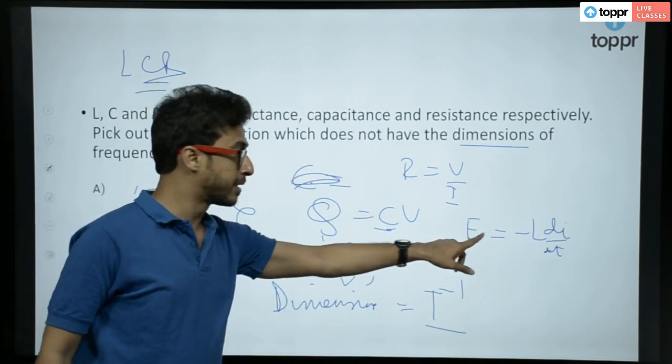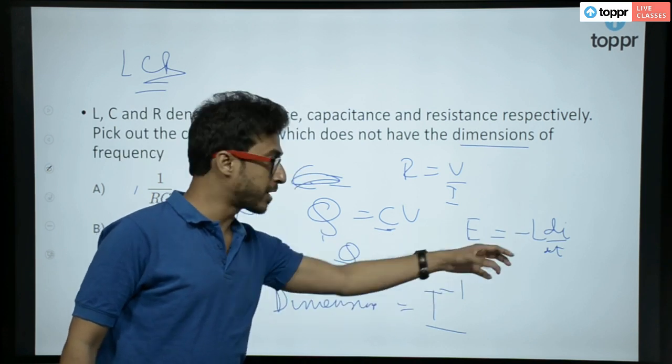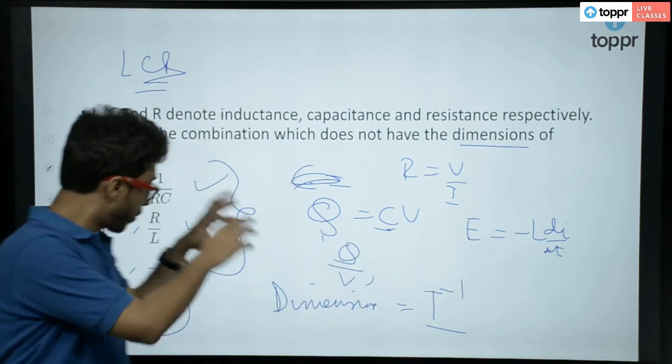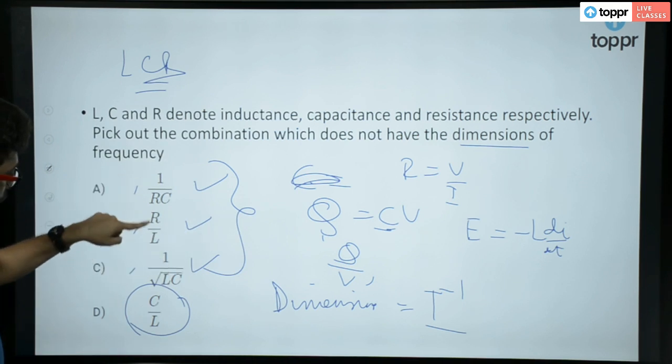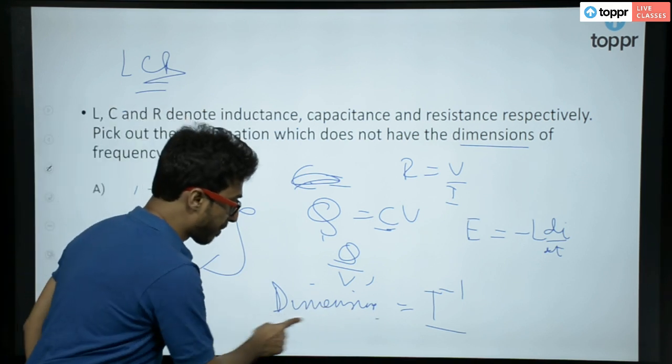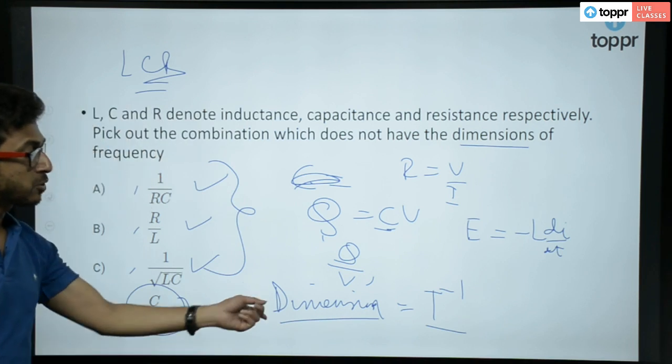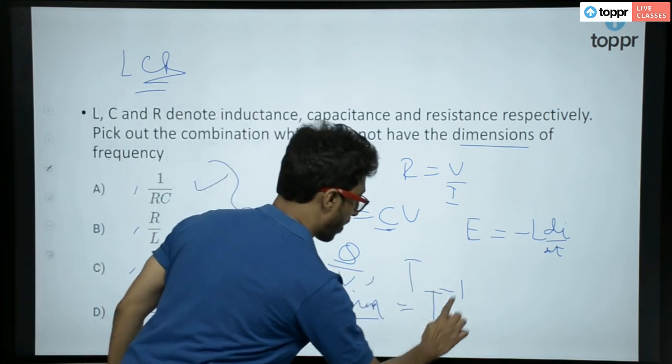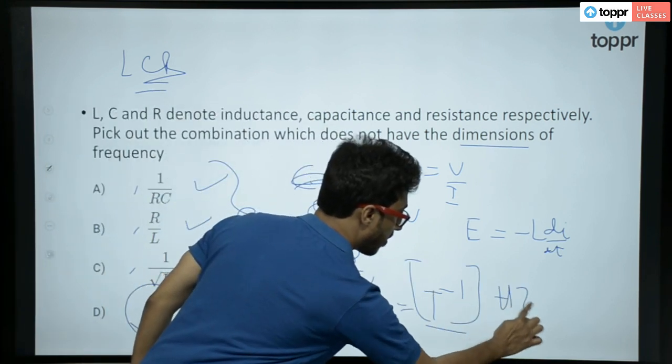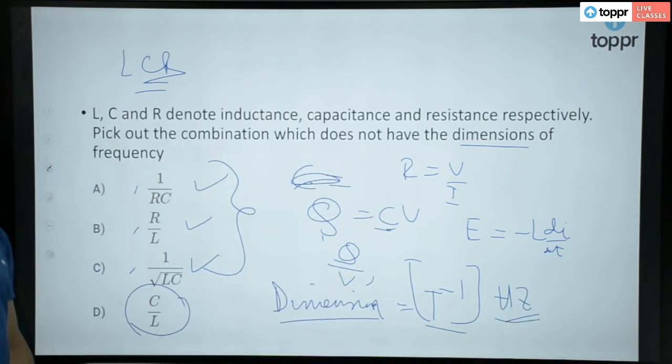E is voltage, so if you divide by di by dt, you will get the dimensions of L. If you put all the dimensions, you will finally get t to the power minus 1, which is the dimension of frequency. Understand? Clear?